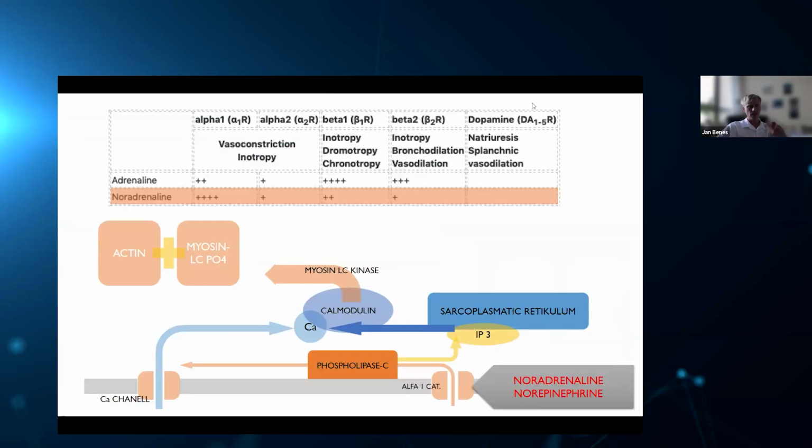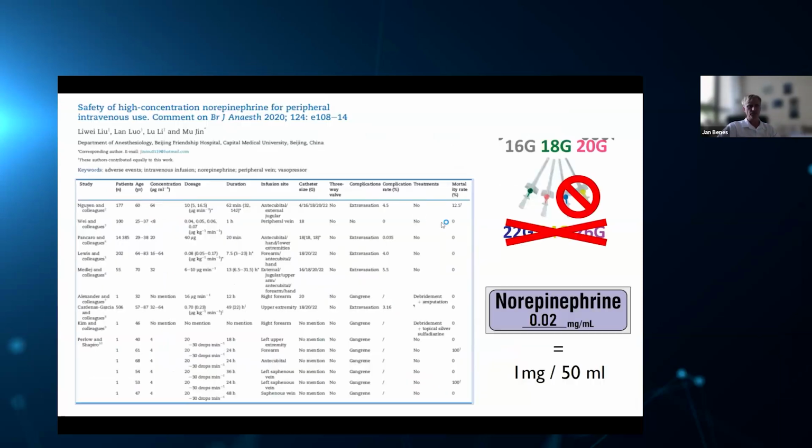Just to remind you, that's an alpha-1 agonist with a slight beta-mimetic activity. We can administer norepinephrine peripherally, so no need for a central vein, at least in dilution. So it should be diluted. We know that 1 milligram in 50 mL is safe. From our own experience, we are using up to 5 milligram in 50 mL for several hours without extravasation, without gangrenes.